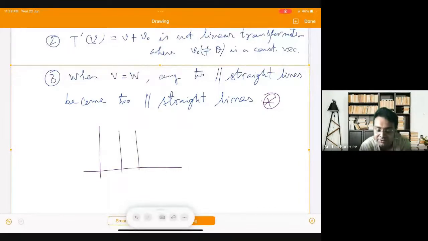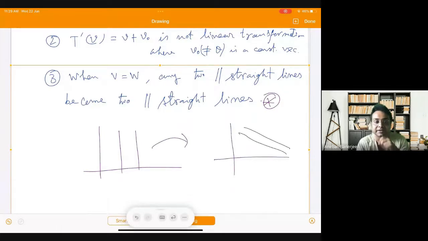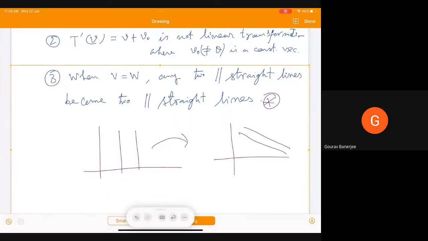Okay. So after the linear transformation, maybe these two lines become like this. Sir, but these two lines are not subspaces.